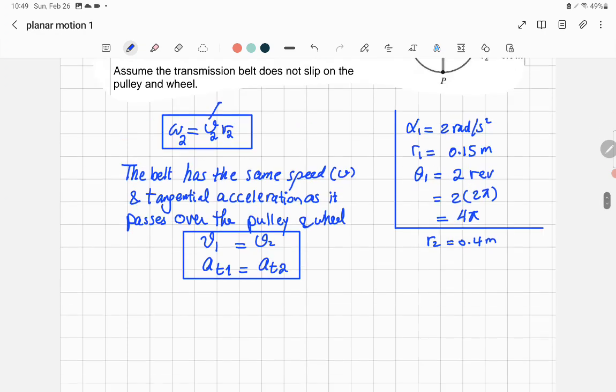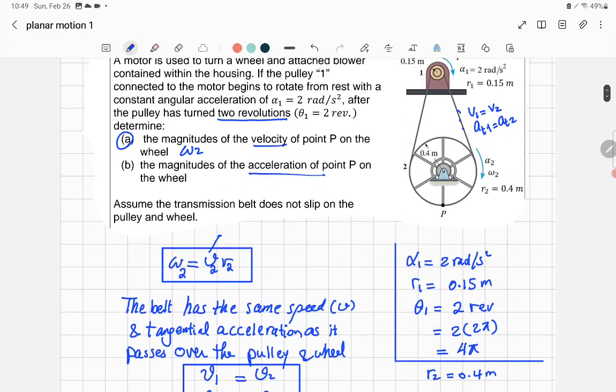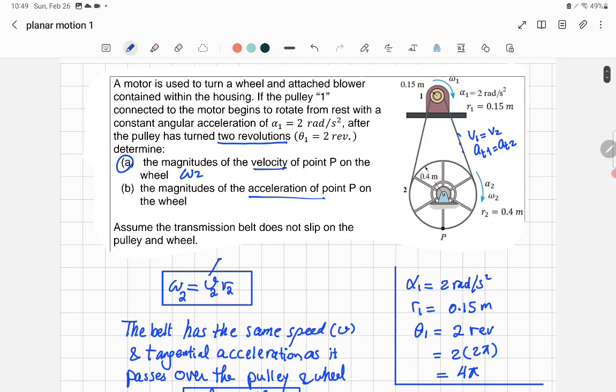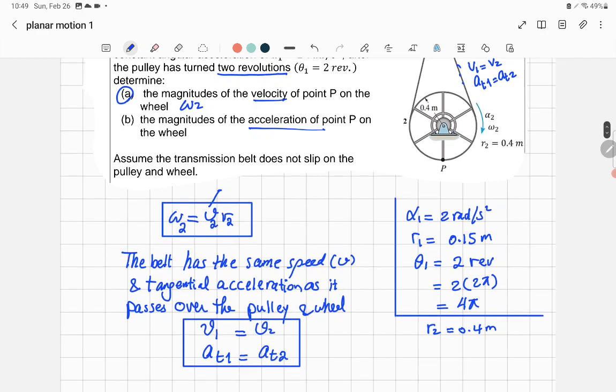So obviously I will start working on the pulley and the motor, because it has enough information. It has the angular acceleration, the radius, the final angle. So it has enough information to get the velocity. And then once I get the velocity at 1, I can get the velocity at 2.